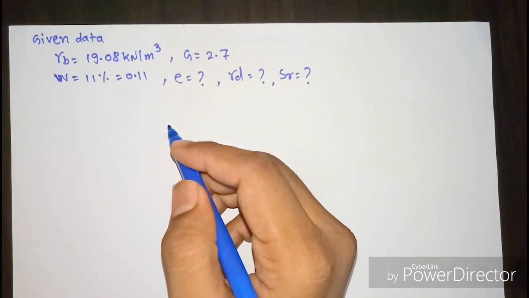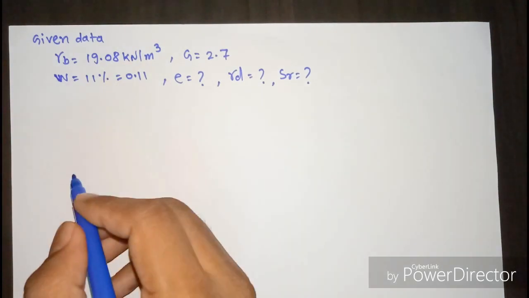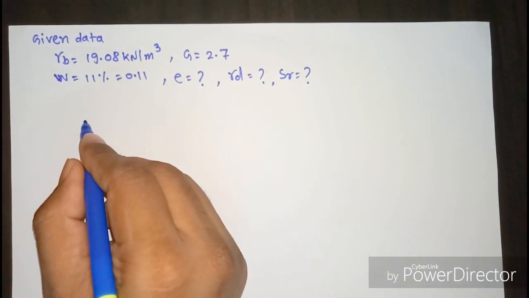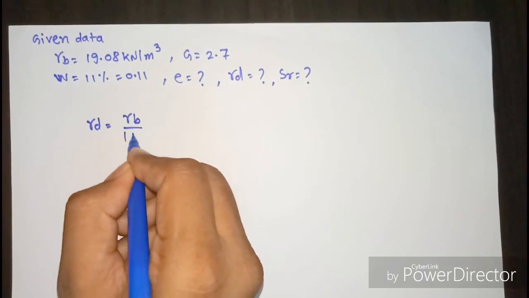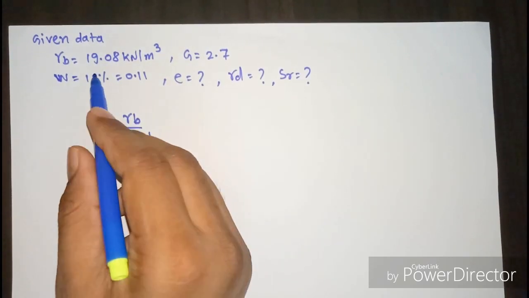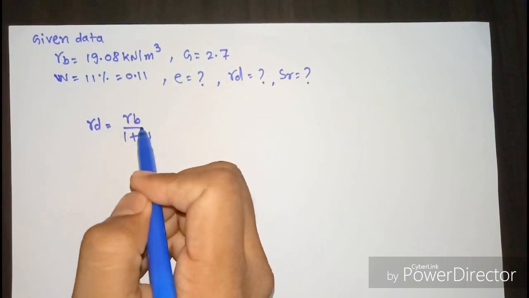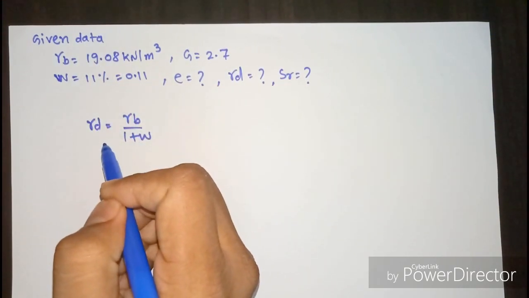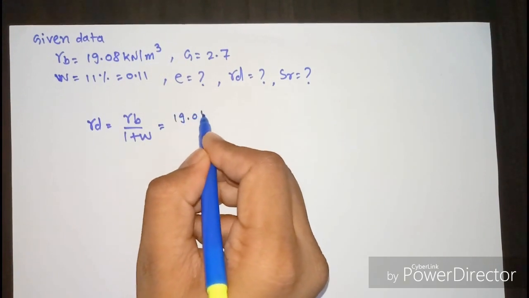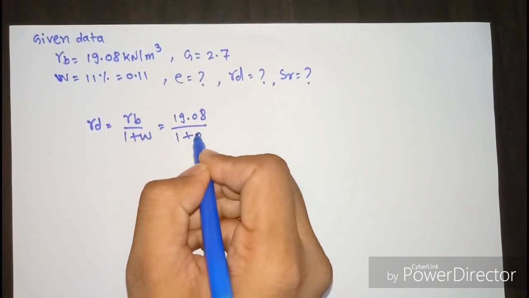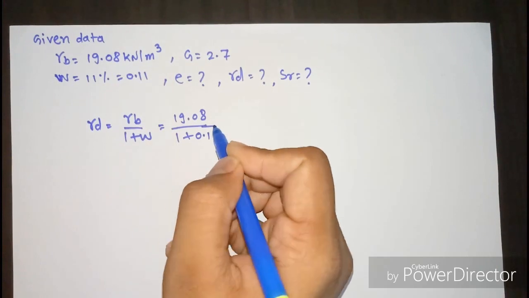So first we will calculate dry unit weight. We know that gamma D, dry unit weight, is equal to gamma B upon 1 plus W. We have bulk unit weight and water content, so we will get dry unit weight. So bulk unit weight is 19.08 upon 1 plus water content 0.11.